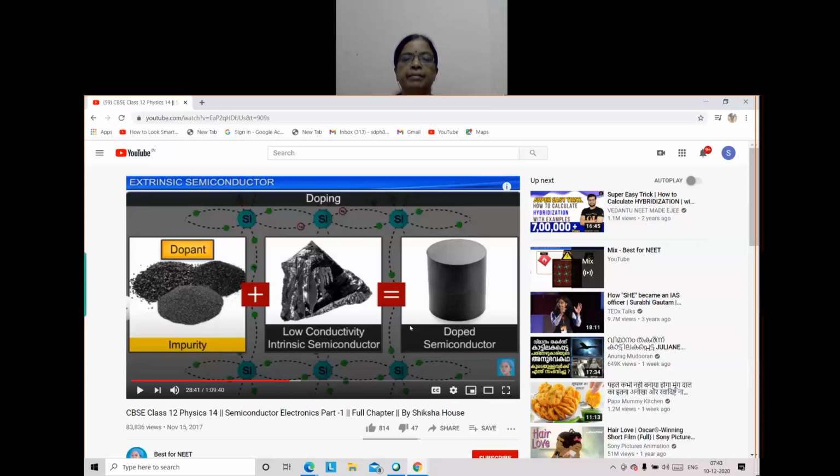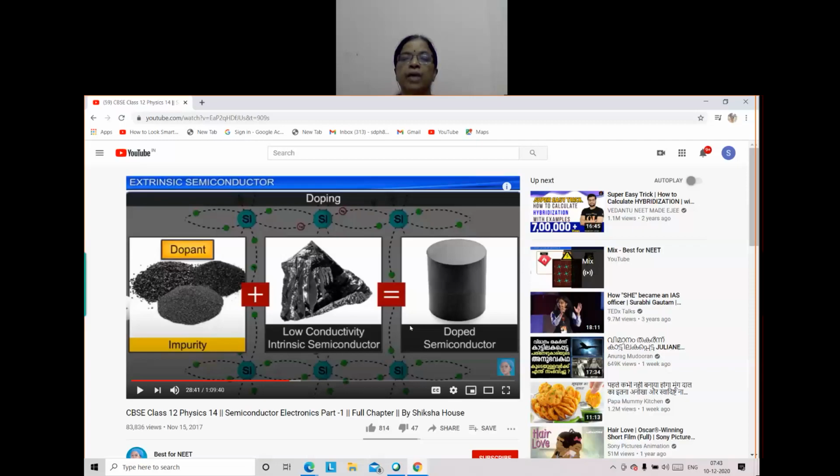Suitable means the size of the atom should be almost equal to the size of silicon. Silicon has 4 valency. So, trivalent will be to the right side, pentavalent will be to the left side, that means just near their neighbors. In the periodic table you can see that tetravalent germanium and silicon are in between the pentavalent and trivalent elements.